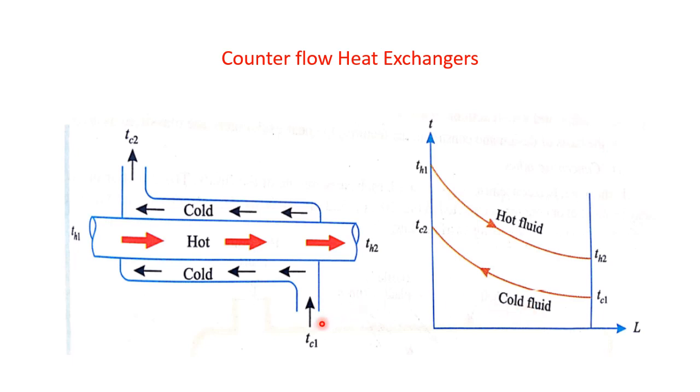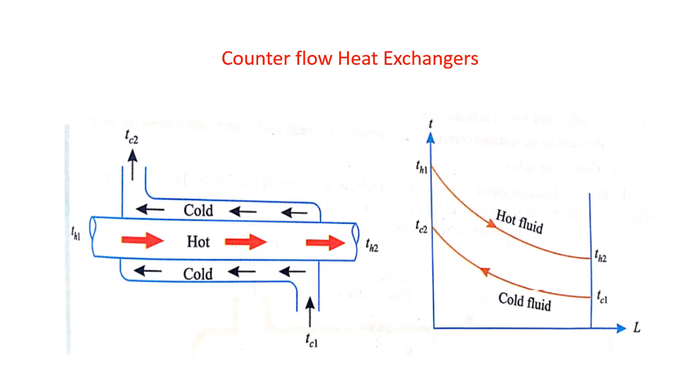In the counterflow heat exchanger, the cold fluid enters from this point and moves along the length of the heat exchanger in the opposite direction to the hot fluid. Here also you can see the temperature of the cold fluid goes on increasing when it moves along the length of the heat exchanger.